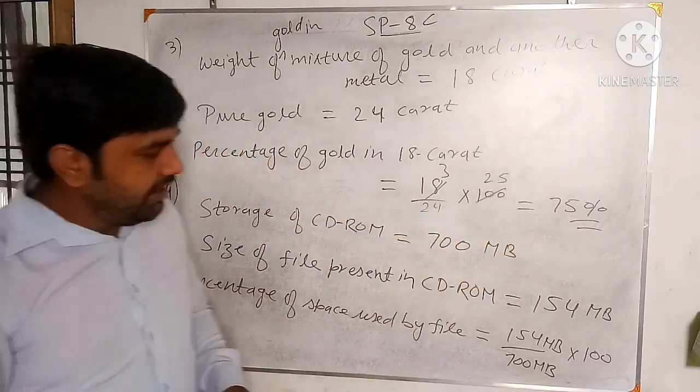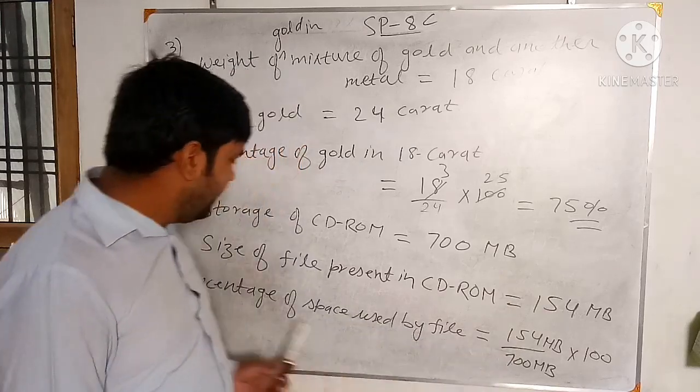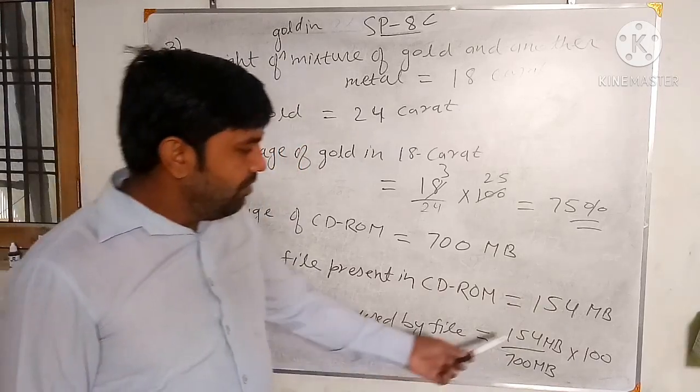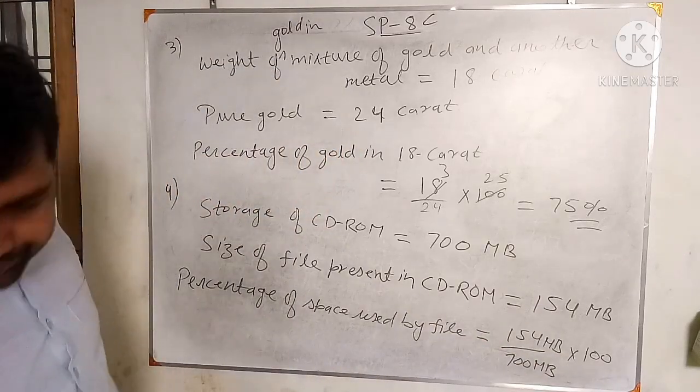So out of 700 MB CD-ROM space, 154 MB space is used by the file. So the percentage will be 154 by 700 into 100.